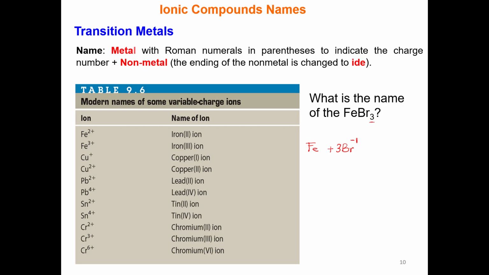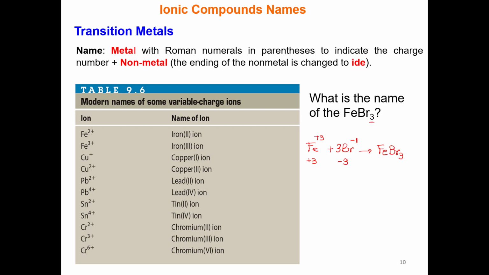Remember, in order to get a compound, we need a neutral compound. In the case of the negative ion, we multiply 3 times -1, and we have a -3 charge. This means that in order to get a neutral compound, we need +3 here. So the charge of the iron must be +3 to get FeBr3.